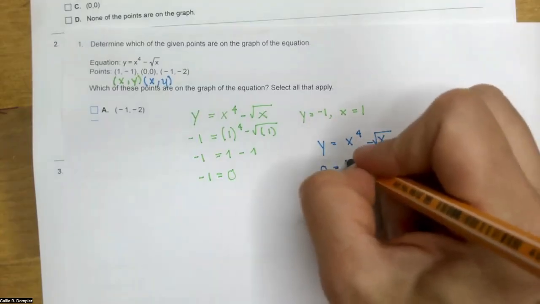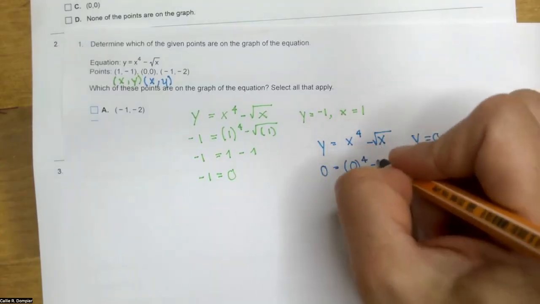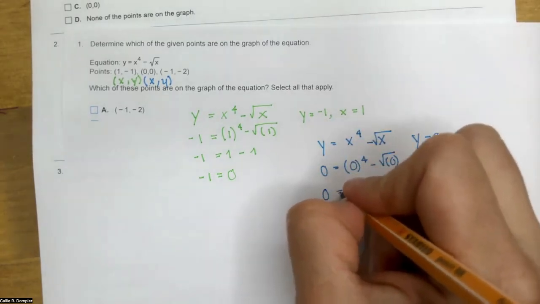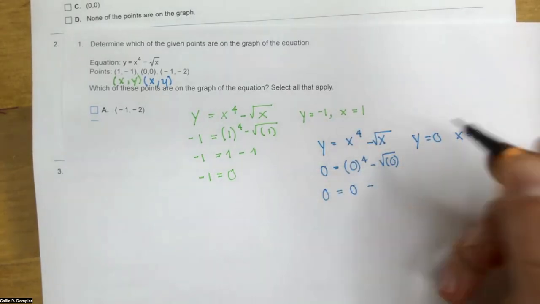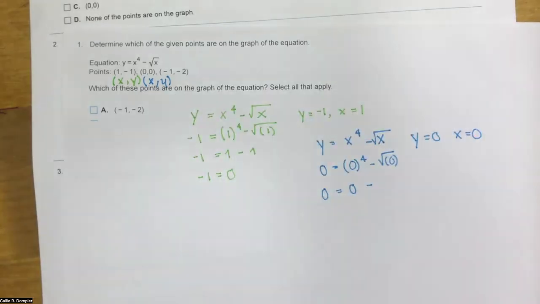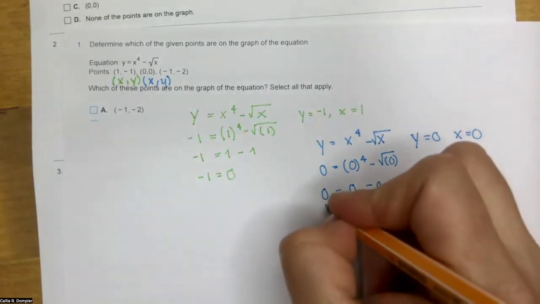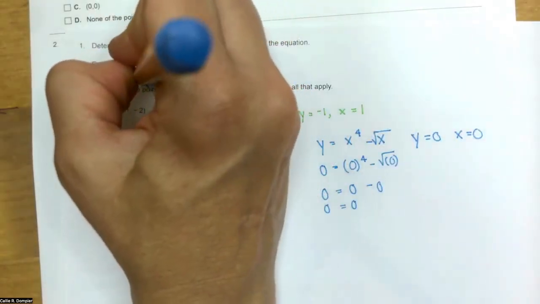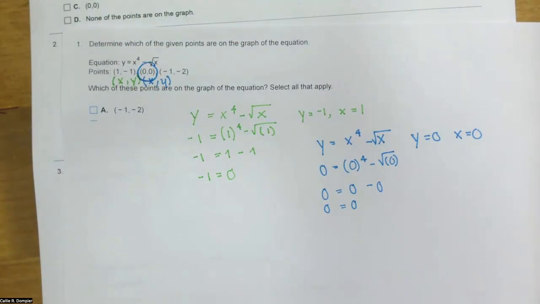So we have 0 equals 0 to the power of 4 minus the square root of 0. 0 to the fourth is still just 0, and then the square root of 0 is also 0. So 0 minus 0, 0 equals 0. So that one is true. So I'd say this one is a point that's on the graph of the equation. Good. We'll try that last one now.